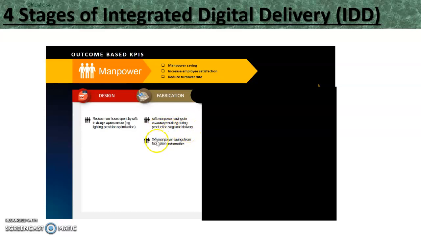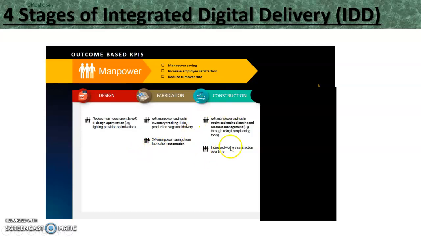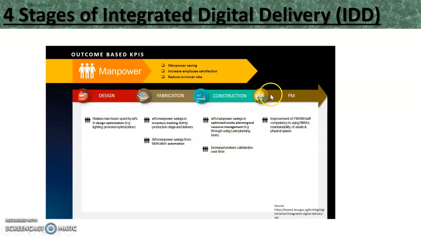And they want to have certain percentage of manpower savings from fabrication automation. The construction team can also say that they want to have a certain percentage of manpower savings in optimized on-site planning and resource management. And they want to increase the workers' satisfaction over time. And lastly, the facility management team can say that they want to have improvement of the facility management staff competency in using BIM for maintaining the assets and the physical spaces.